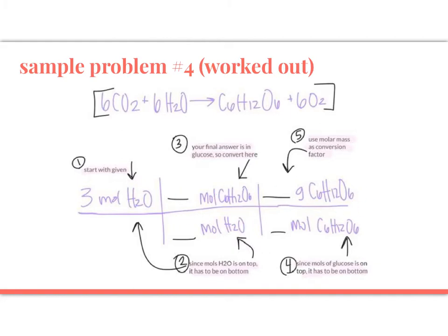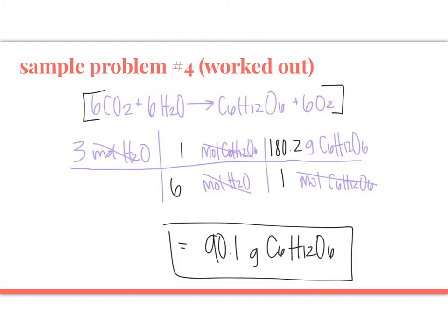Now we can plug in our numbers. From our balanced equation, H2O, we have a 6 in front. C6H12O6, we have an imaginary 1. So we need 6 moles of H2O to produce 1 mole of glucose.